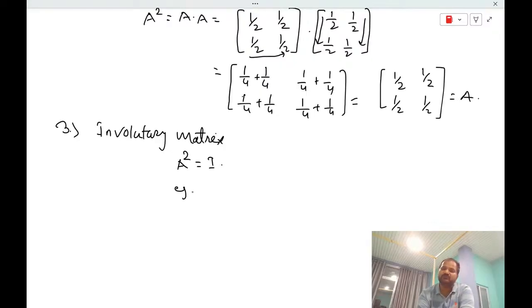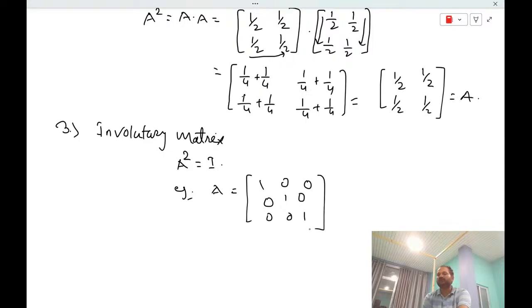So for example, if I take A as 1 1 1 0 0 0 0 0 0, when you take A square, it will give the identity matrix. Now the fourth one is the nilpotent matrix.